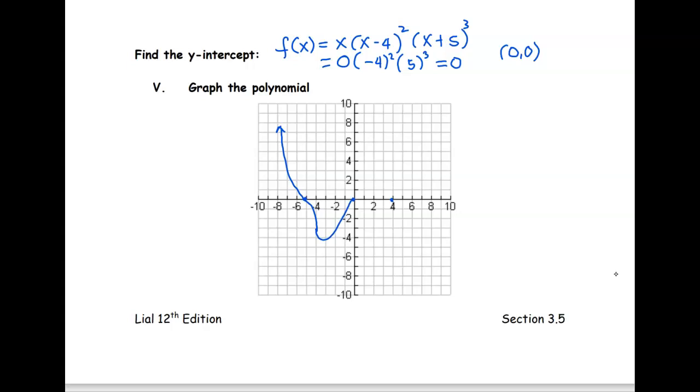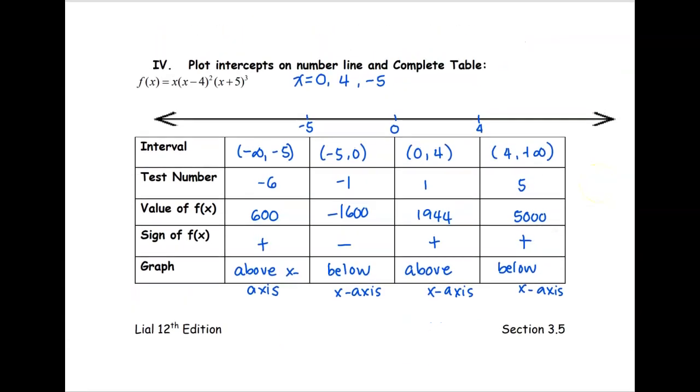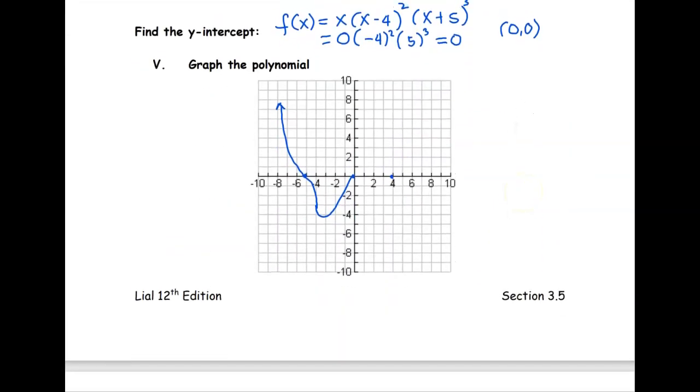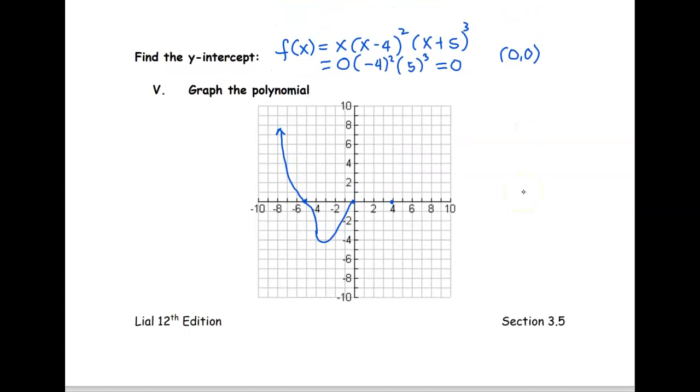Then between 0 and 4 it is above the x-axis, based on the table here, and below the x-axis beyond 4. So above the x-axis, we have this one. This one is not drawn to scale, so it might be a little bit farther up.